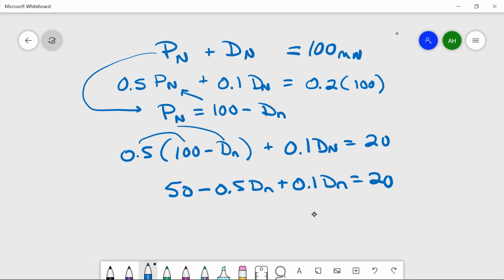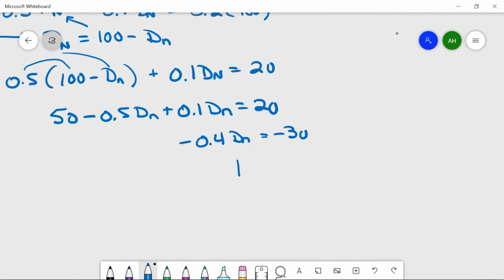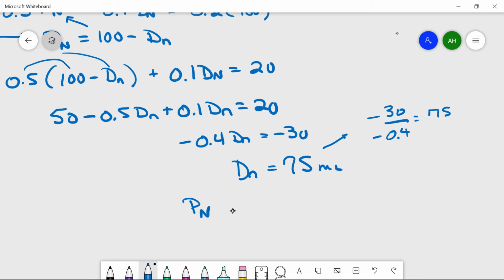All right, when I combine these two, I'm going to get negative 0.4 dn equals negative 30. All right, when I divide those out, I'm going to get that the amount that I'm going to dump in is going to be 75 milliliters. Okay, this 75 milliliters is negative 30 divided by negative 0.4, which gives me positive 75. Milliliters is my unit. Okay, remember that pn equals 100 minus dn.